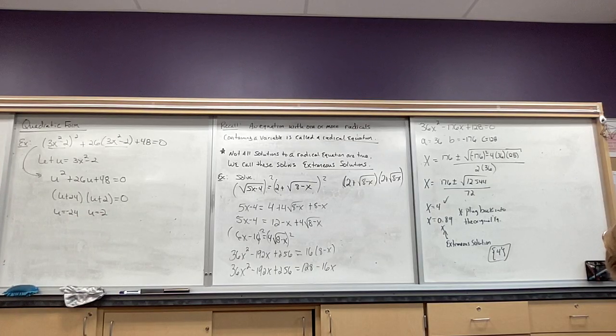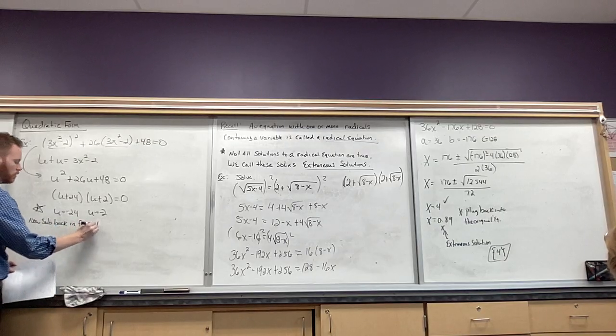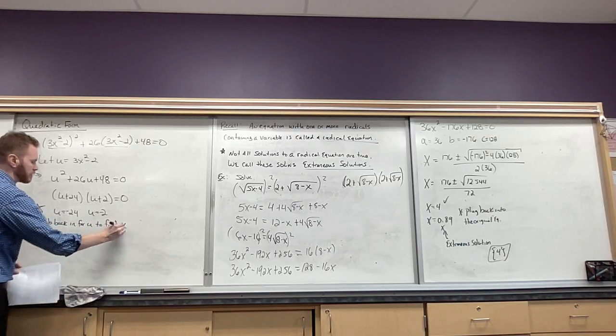Okay. But don't stop there, because again, what you found was the solutions to this quadratic. So what I have to do is use these guys in my u substitution to figure out what the x values are that make this true. So now sub back in for u to find x.